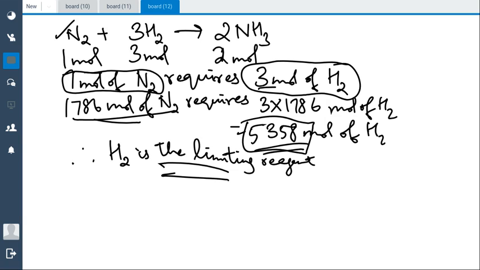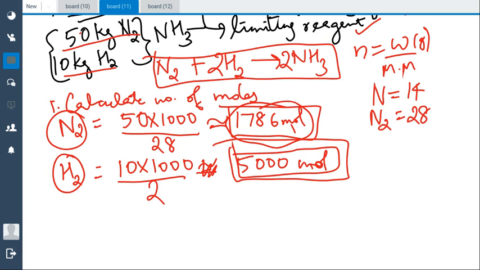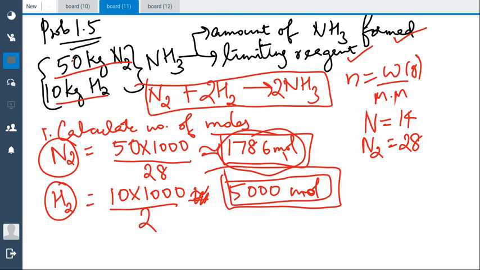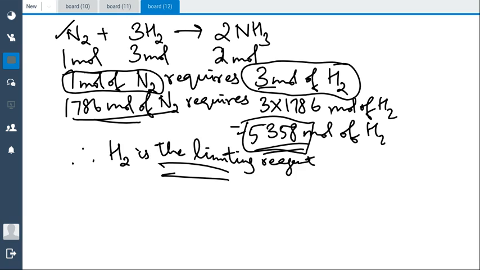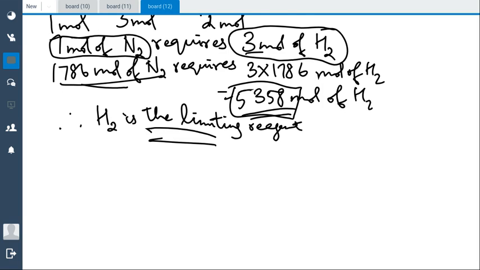Now, what is the second part? The second part of the question is we have to calculate the amount of ammonia formed. How do we calculate it?